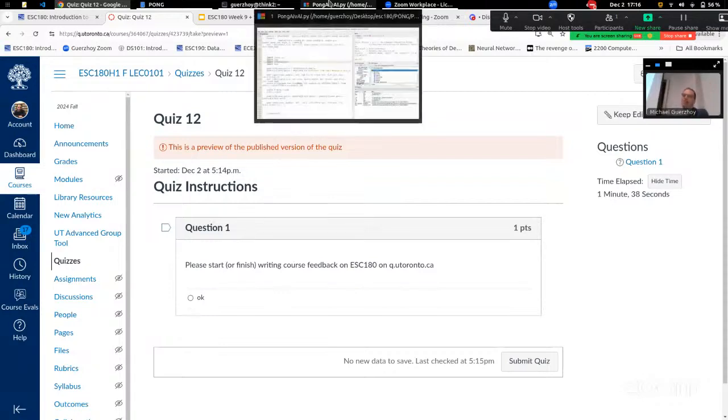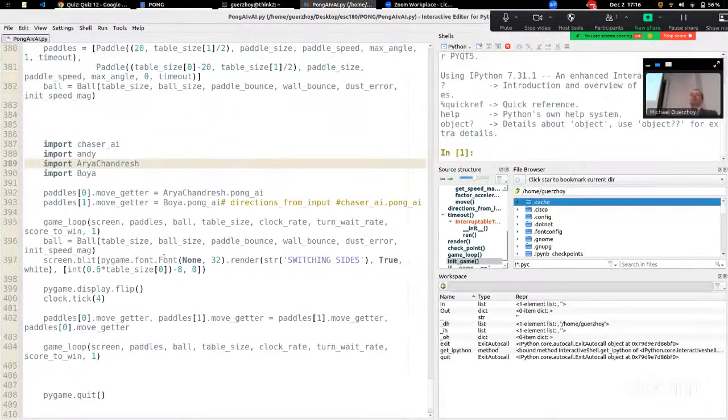Press the OK button. As promised, the tournament for Pong is going to be after the semester ends. So you have until Wednesday plus grace days, I suppose. I don't suggest that you use them, but you can if you want, to submit your Pong for the tournament. I do encourage you to try it out if you have the time today or tomorrow.